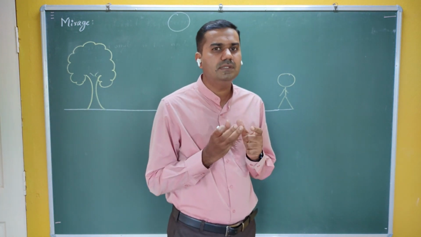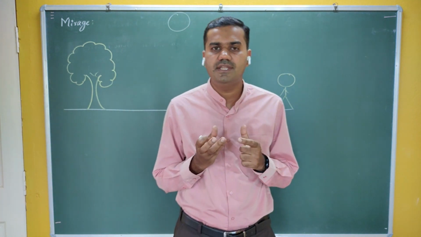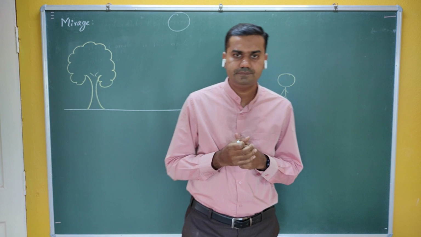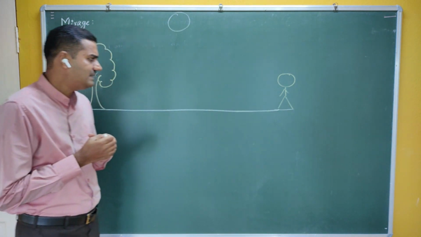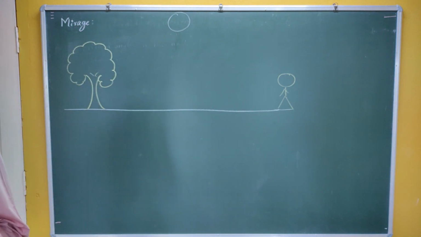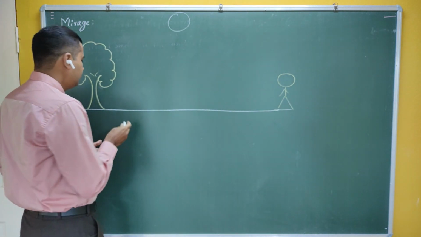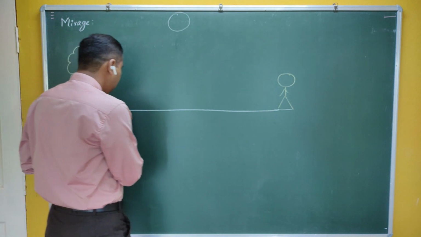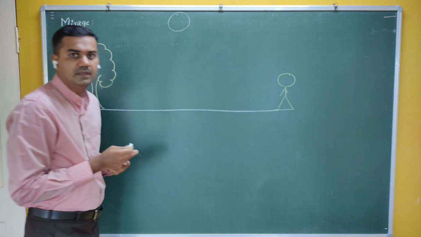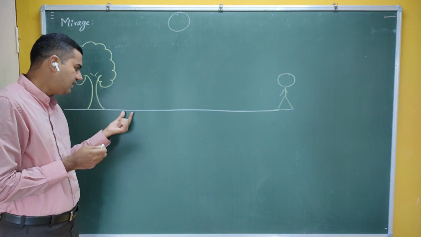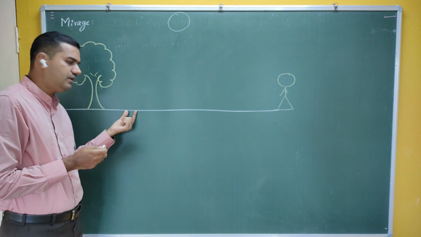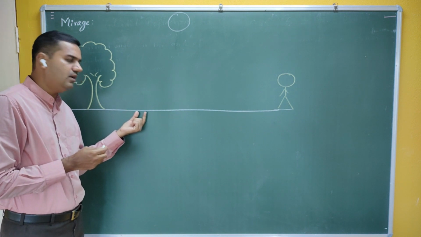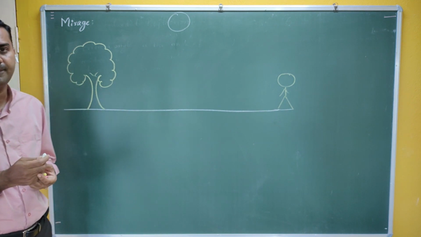The earth absorbs this thermal radiation and gets heated. As the earth gets heated, the air layers which are in close contact with the earth get heated first.